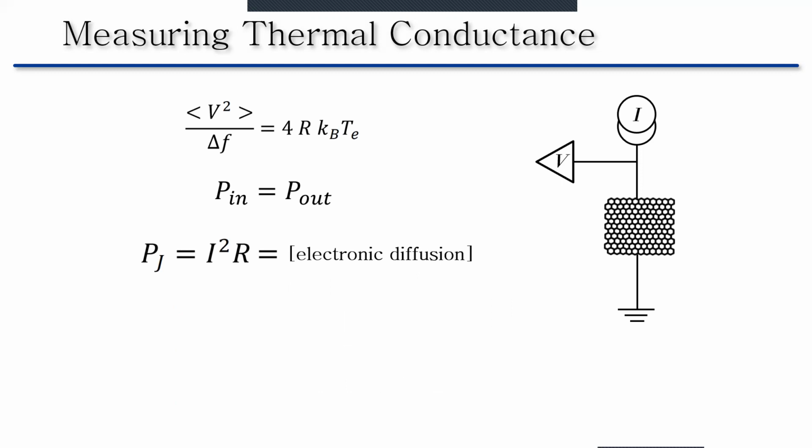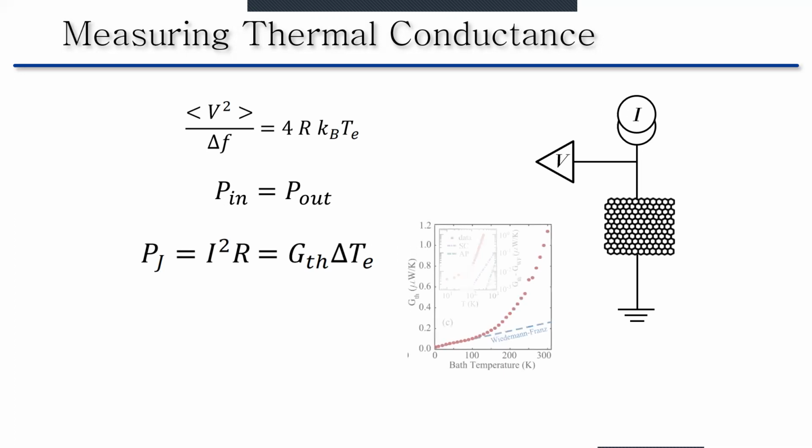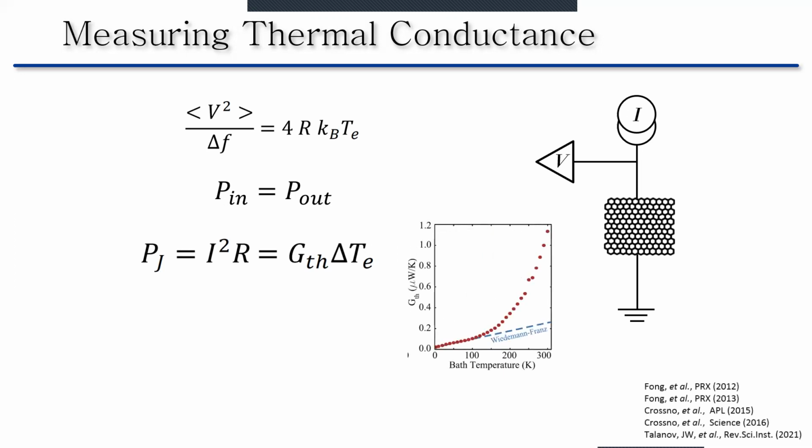Those electrons will have some bulk thermal conductance value, and whatever temperature changes they experience in the steady state will have to balance the injected power. So what that means is you can extract a thermal conductance value, which is just the ratio of your injected power to the measured temperature rise. Here's an example of what that looks like.